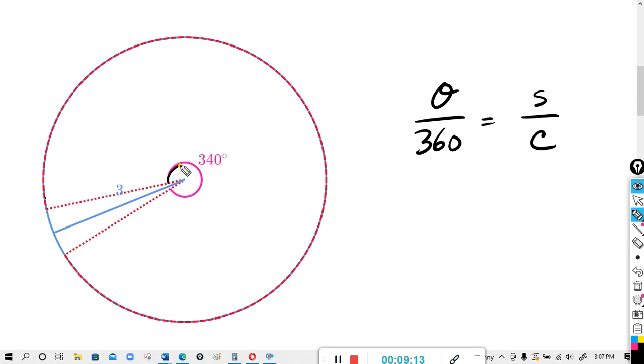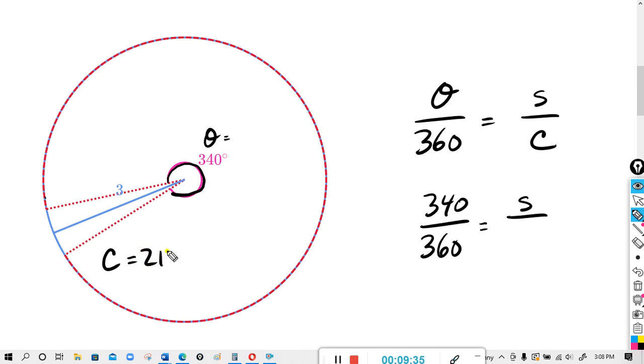And this angle here is the central angle theta. So that's 340 divided by 360. S is the arc length. That's what we're looking for. And the circumference C we can calculate.